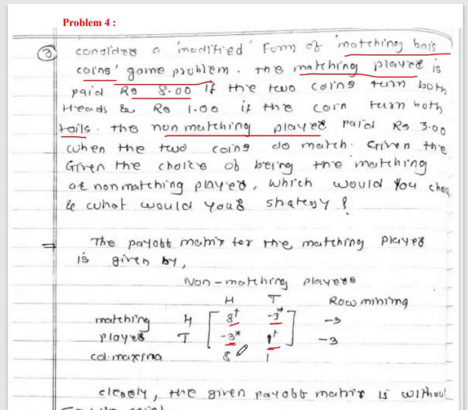This is the loss of the non-matching player and the gain of the matching player, so it can be written as minus 3. In this way we can construct the payoff matrix for the matching player and non-matching player.